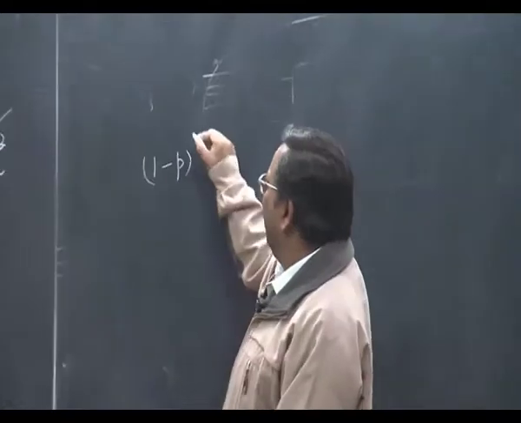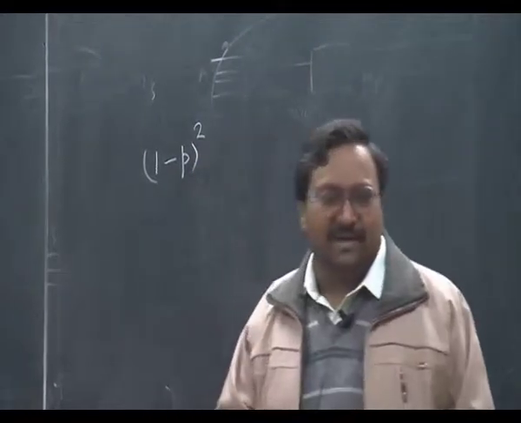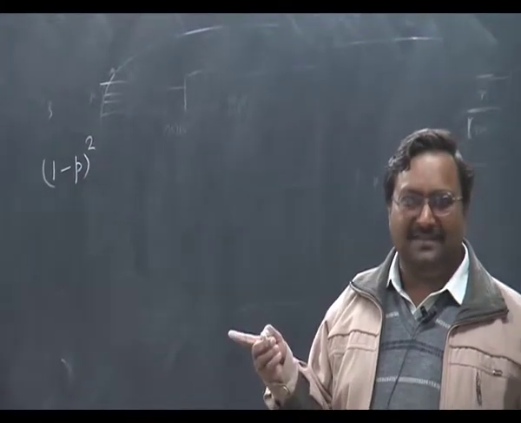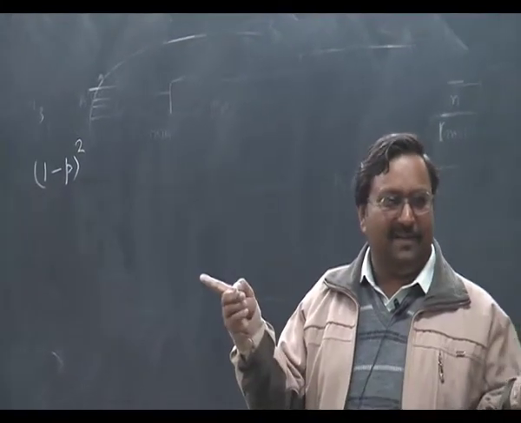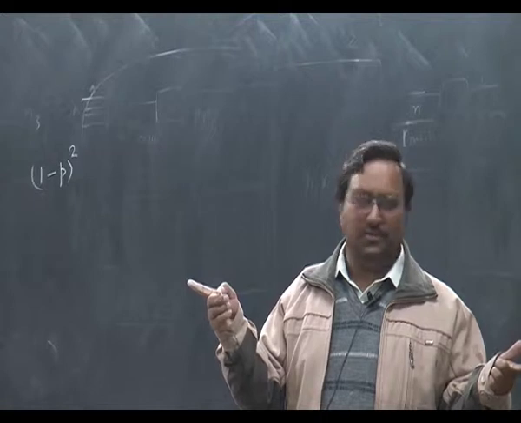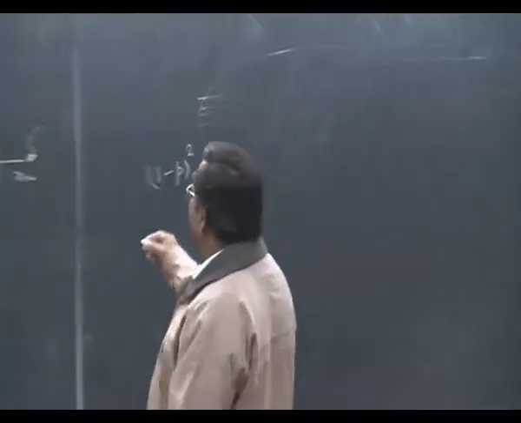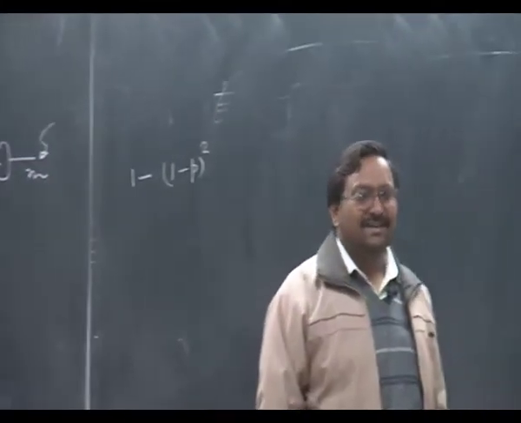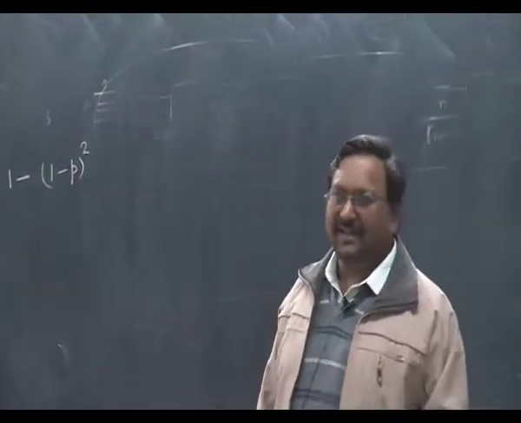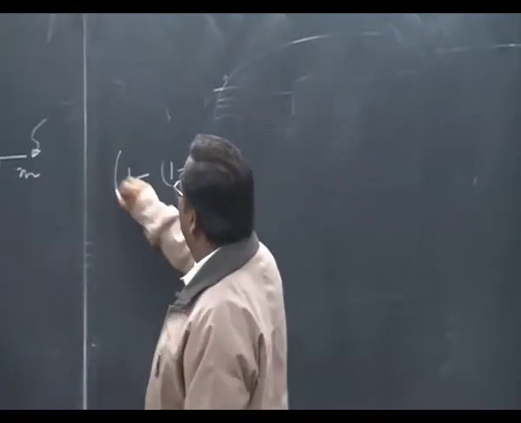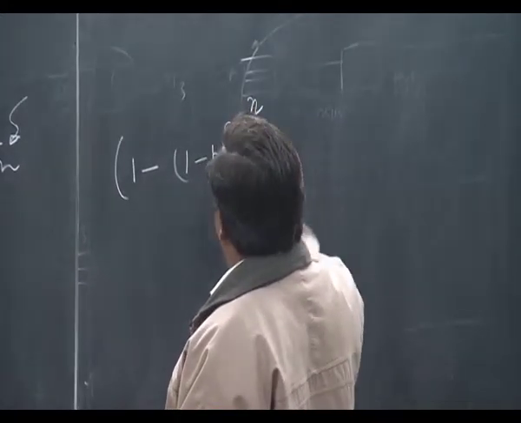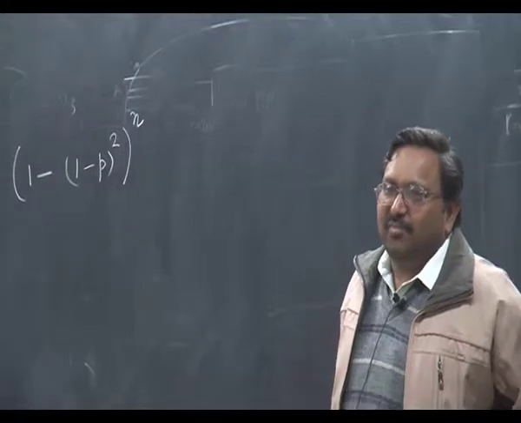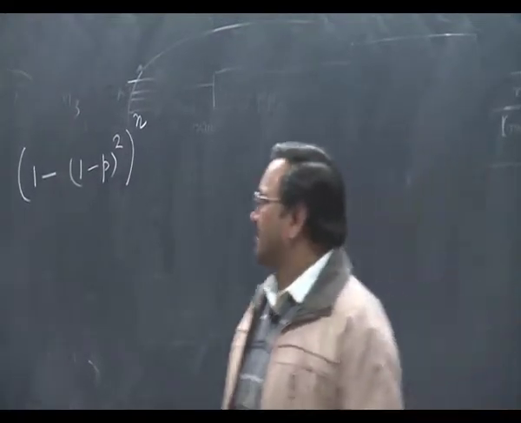Both the links will be free because they are independent, so I can simply multiply the probabilities. 1 minus of this is the probability that the path through that switch will be busy. So 1 minus of that. And how many such links are there? N such branches are there. Okay. So this is the probability of blocking estimate.